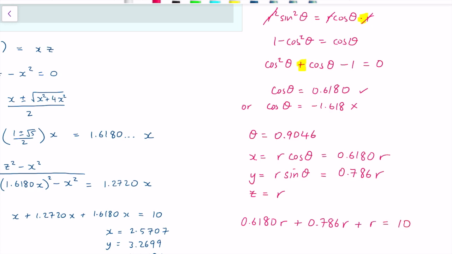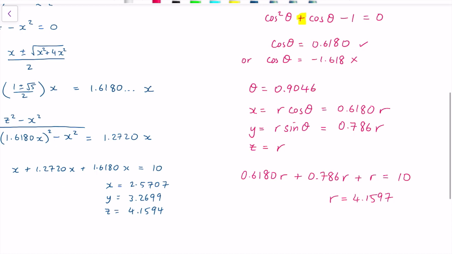Solving that gives us an r value of 4.1597, and then we can substitute back up into our x, y, and z equations, and that will give x is equal to 2.571, y is 3.270, and z is equal to 4.160 to 3 decimal places, which is what we got as before.